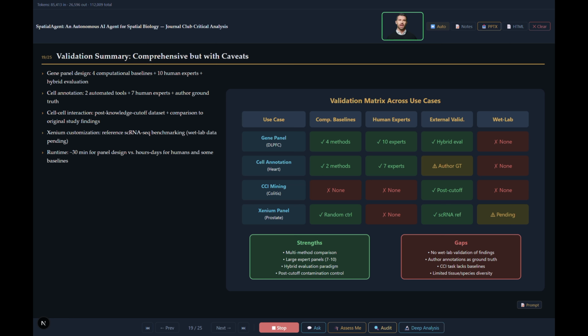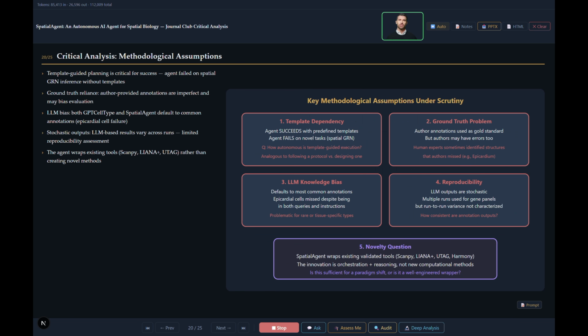The CCI mining task is validated only against the original study's findings, with no head-to-head computational baselines. And the Xenium customization has the weakest validation, benchmarked only against reference scRNA-seq data, with wet lab results still pending. Notably, none of the novel biological hypotheses generated by SpatialAgent have been experimentally tested. This is a significant gap for a paper claiming to enable hypothesis generation.